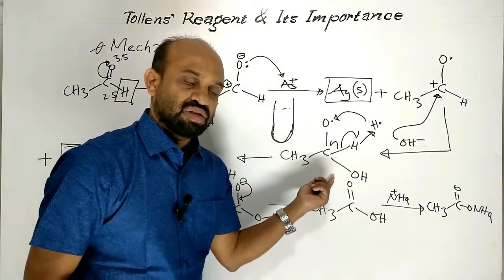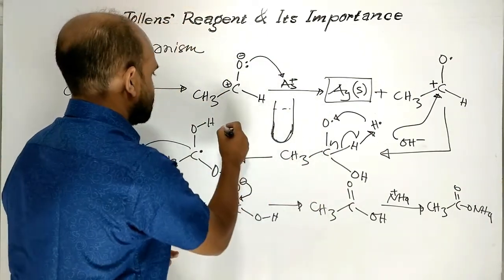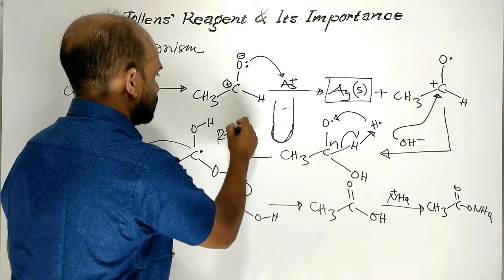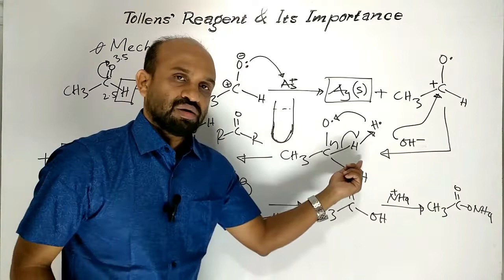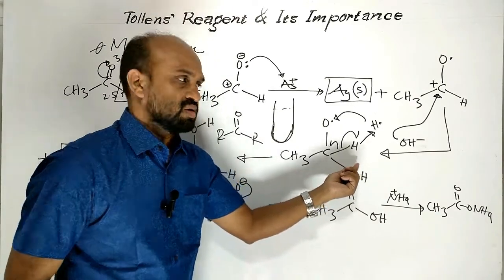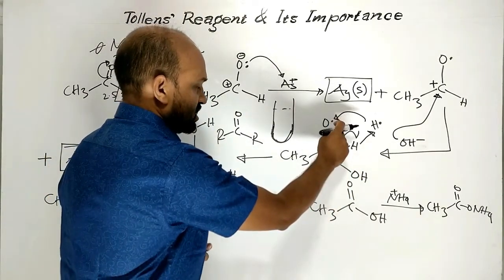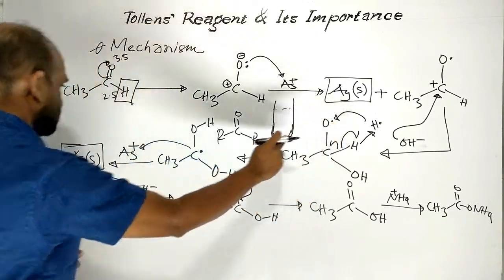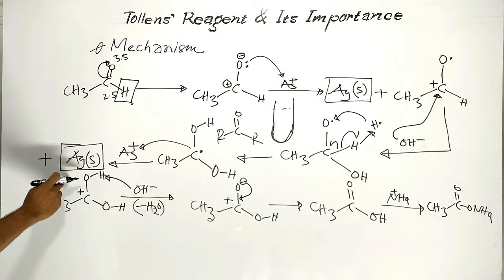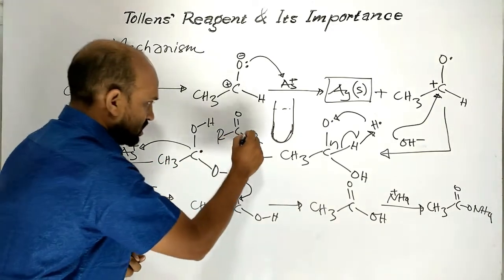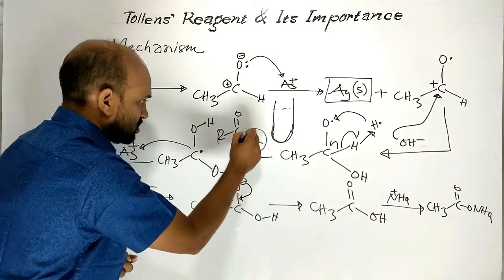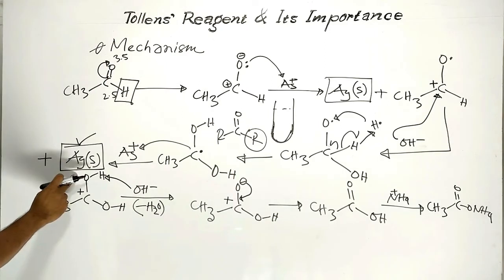But if we consider that this is a ketone, then there is no hydrogen, no reaction like this, and no formation of silver mirror. So if it is a ketone, then no silver mirror.